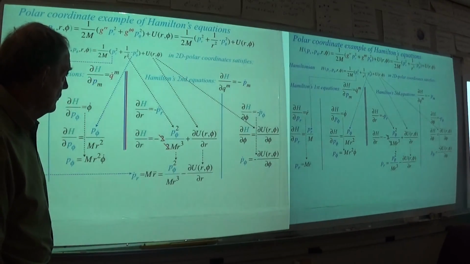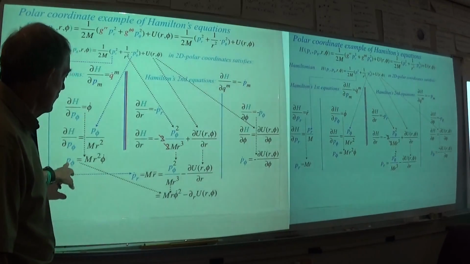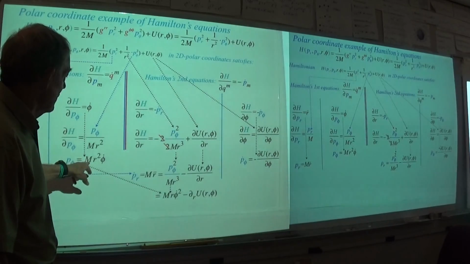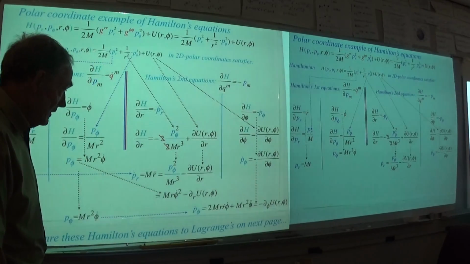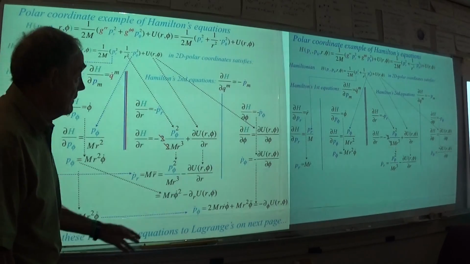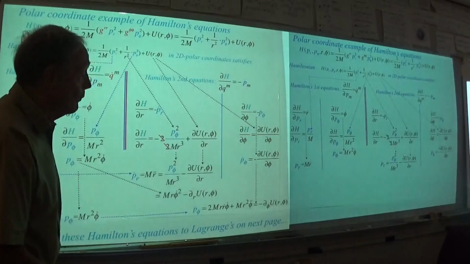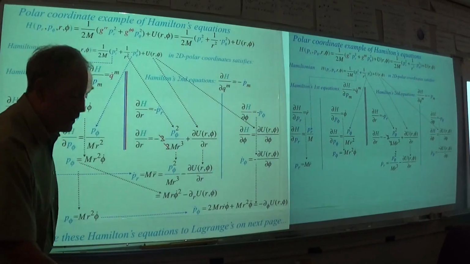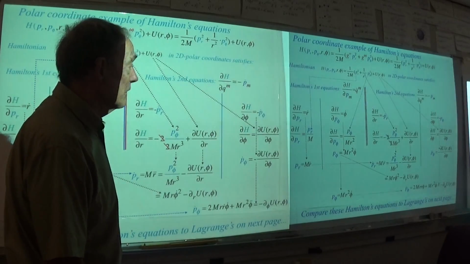I can get an equation for p dot r from that. But I have to use this guy right here. Stick that guy in there, and end up with a p dot phi, and there are equations that we got, as I say, at the very bottom with one step in the Lagrangian development. So you can see there's a lot going on here.